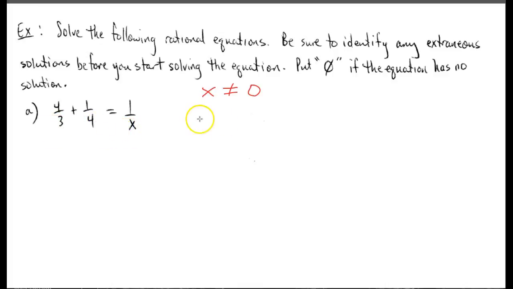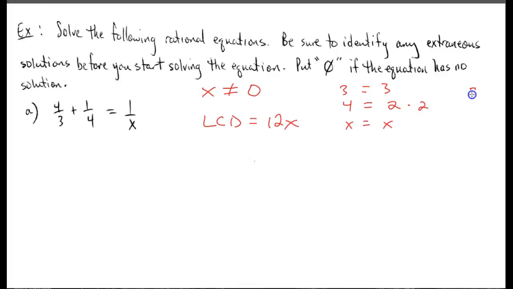Okay, so if we look at our denominators, we have 3, 4, and x. And so the LCD for all three of these denominators would just be 12x. The reason for that is, if we do the process of finding an LCM, we have 3, we have 4, and we have x. x is a prime, so we can just break it down as x. 3 is a prime, so we can just break that down as 3. 4 is composite, but is broken down to 2 times 2.